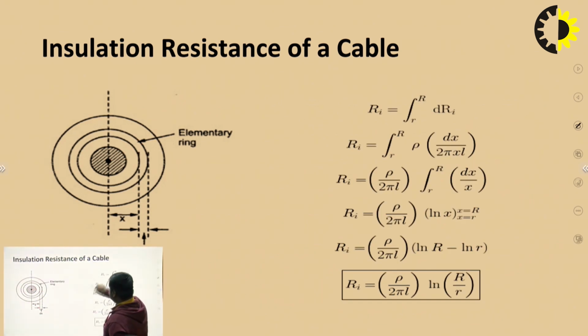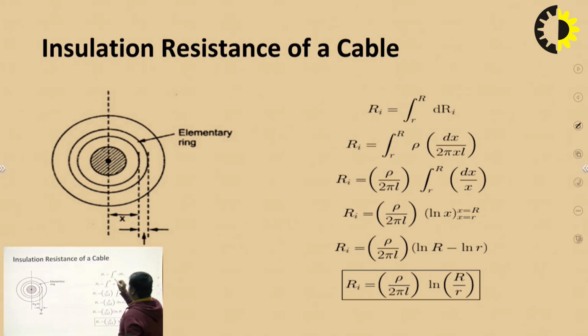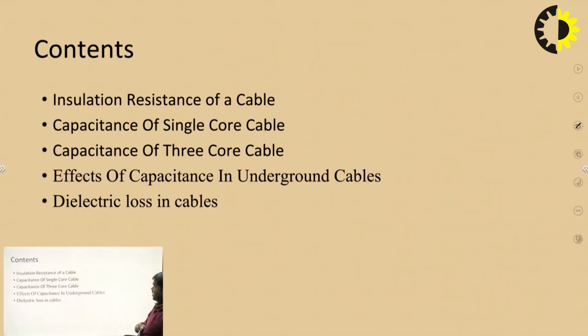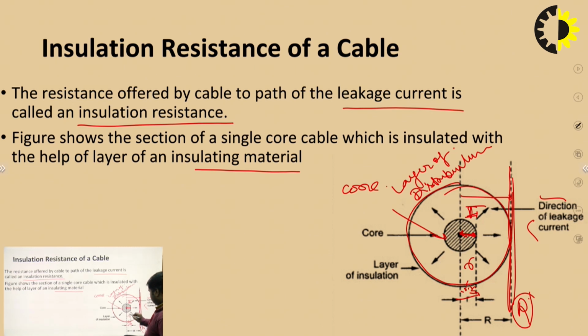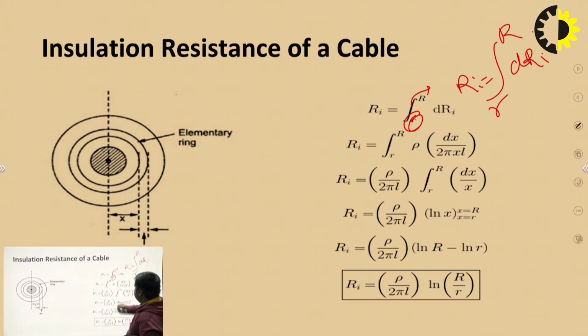Now for the derivation, Ri equals the integration from small r to capital R of dRi, which is rho dx by 2 pi x L. Rho is constant, so it is taken outside.